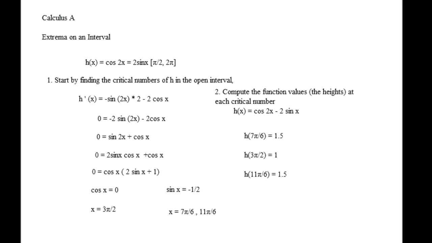So that probably tells us that our absolute maxes are going to be these two numbers, when it's 7 pi 6 and 11 pi 6, just by looking at that. So those are going to be our absolute maxes on this interval.